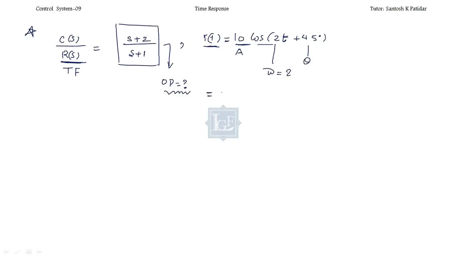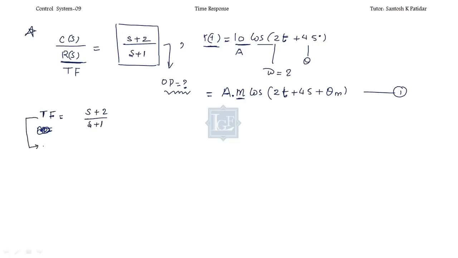Definitely the output will be A into M cos(2t plus 45 degree plus theta m). This is your equation 1. Now you have A, definitely it's 10. You need to calculate M. M is nothing but, before that, you are given the transfer function, that is (s plus 2) divided by (s plus 1).